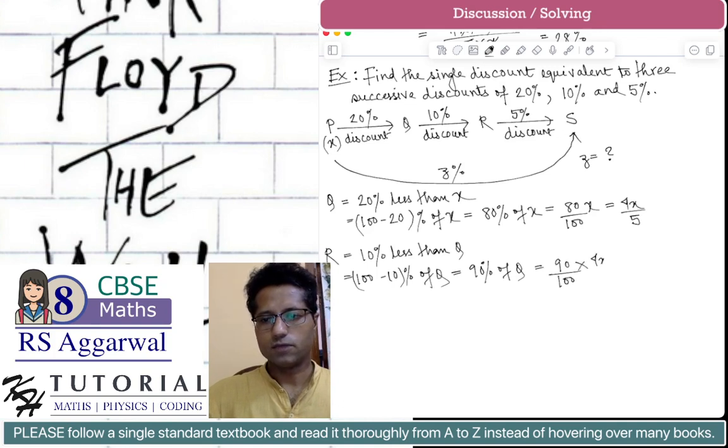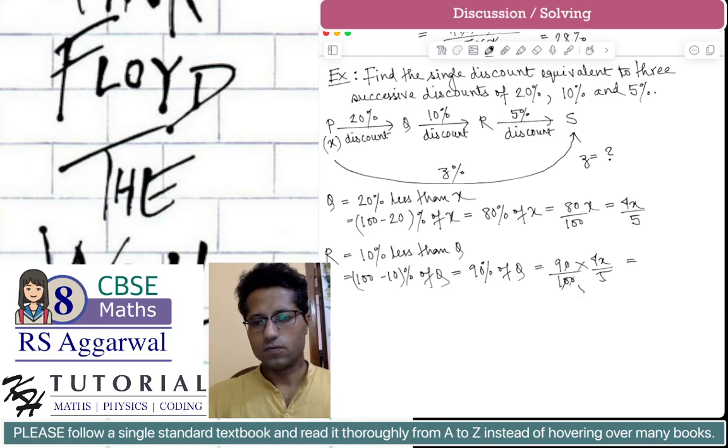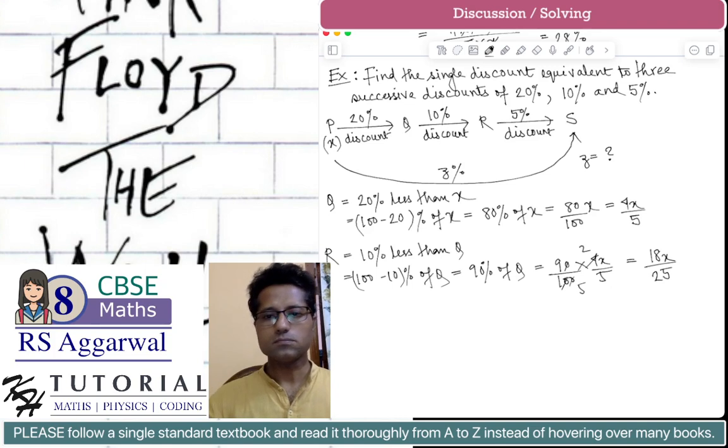Q is 4X by 5, and this is equal to, 0 cancels, 2 fives are 10, 2 twos are 4... so 18X by 25.